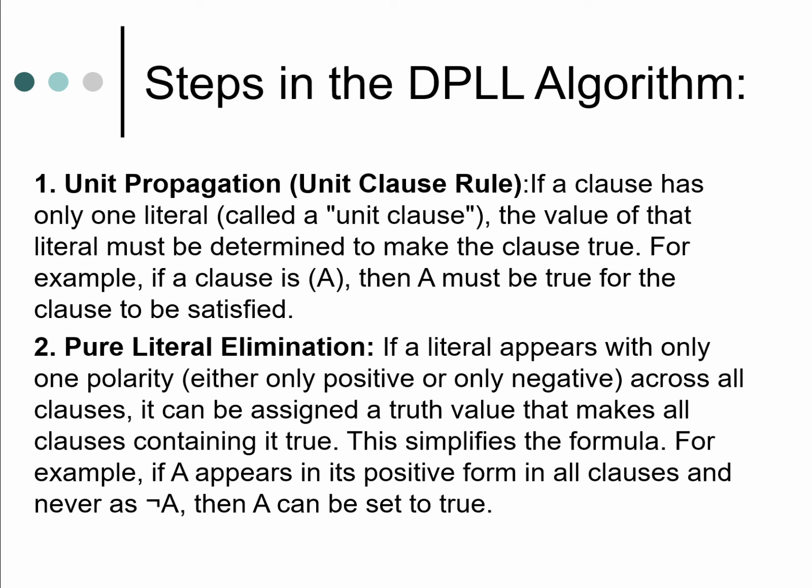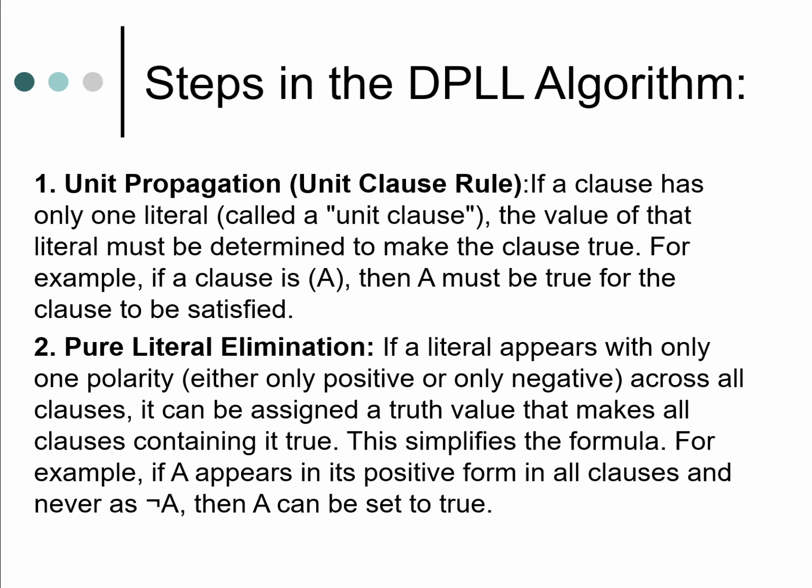The next one is pure literal elimination. It means a literal must appear with only one polarity. Polarity means that it has either only positives or only negatives across all the clauses. If it has only one polarity across all the clauses, it can be assigned the truth value that makes all those clauses true.